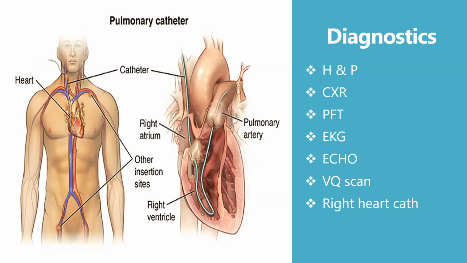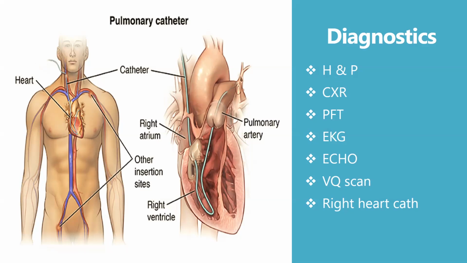Can't express to you enough that you need to know those. They are in your book. As we said earlier, on their H&P, pulmonary hypertension occurs first on exertion, but eventually, when these folks are sitting and resting, they're still short of breath.